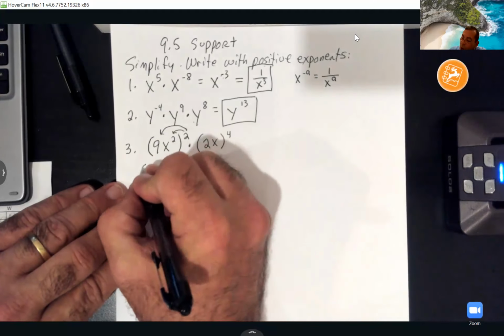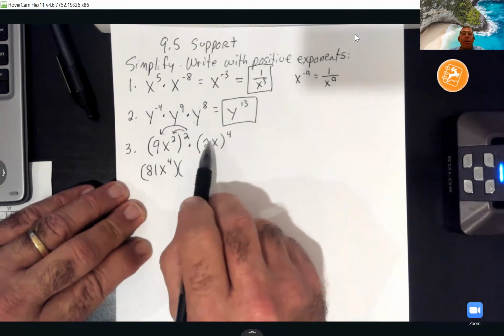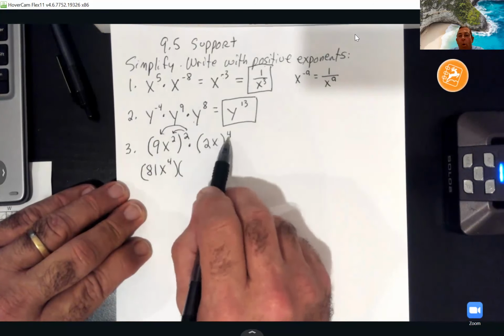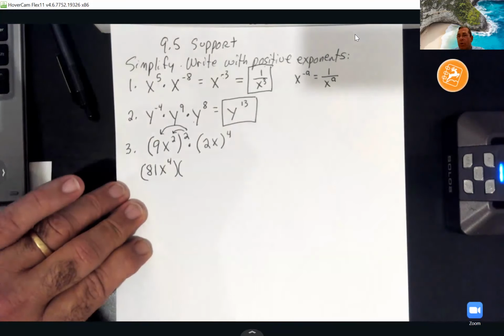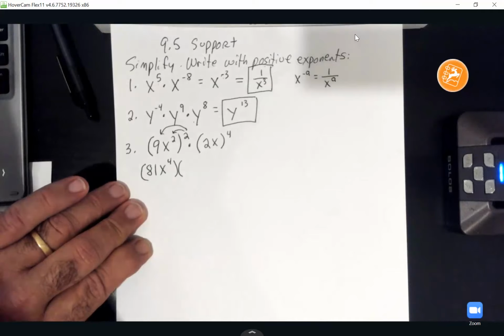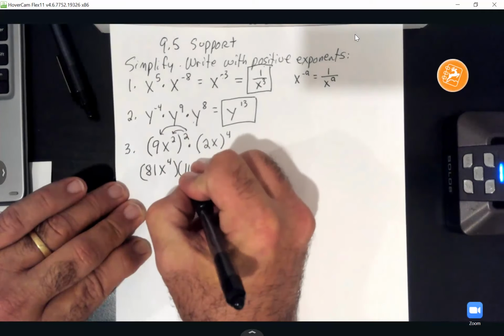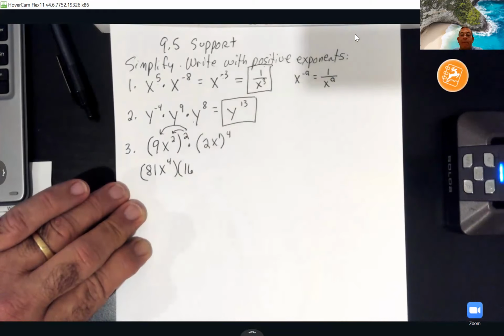So that's one parentheses. Now let's work over here. What does 2 to the 4th power give me? 2 times 2 times 2 times 2, 16. Now remember, this x has a 1 for the exponent.